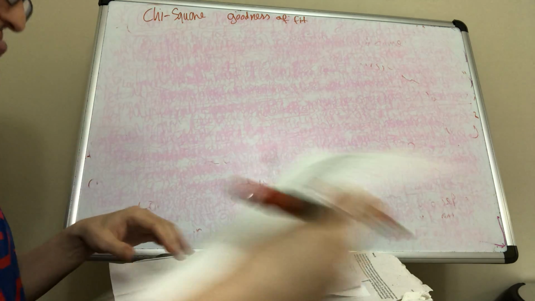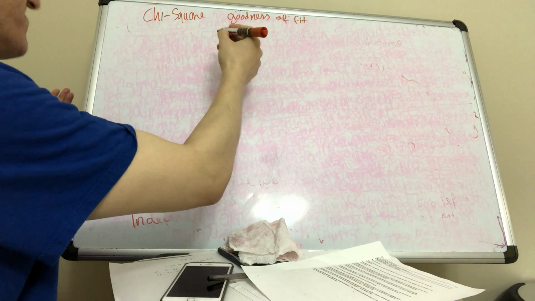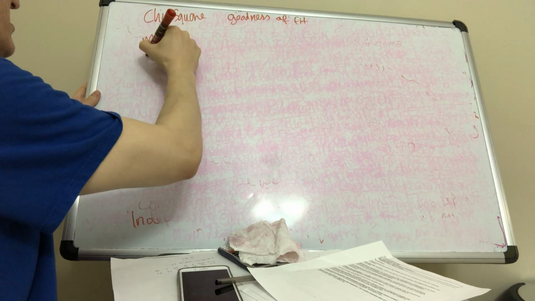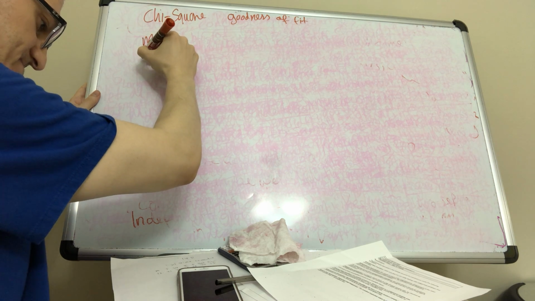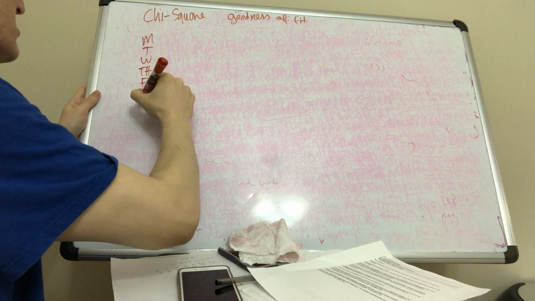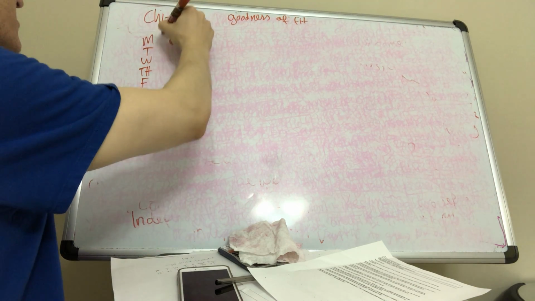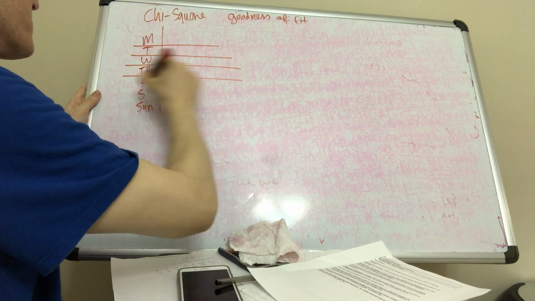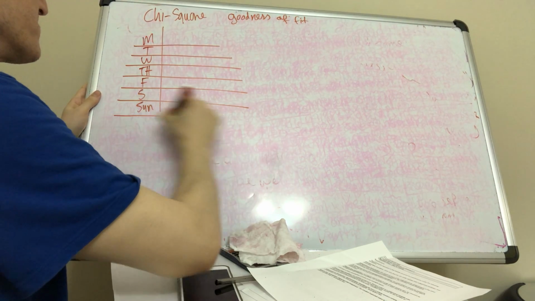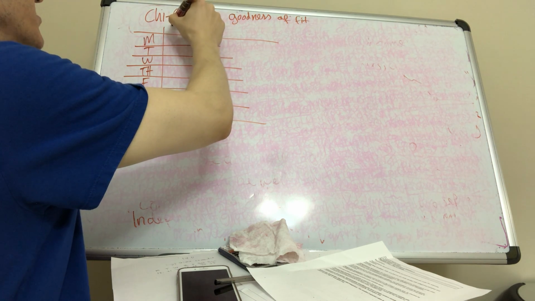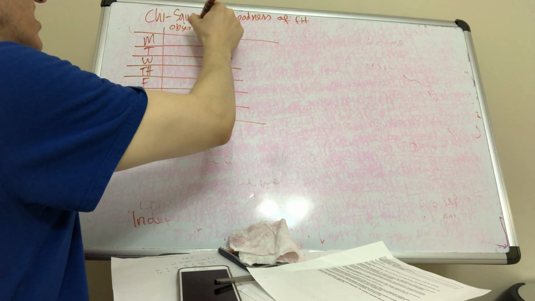Now to do this, first of all, list the days, so you have Monday, Tuesday, Wednesday, Thursday, Friday, Saturday, and Sunday. And they give you the observed value.